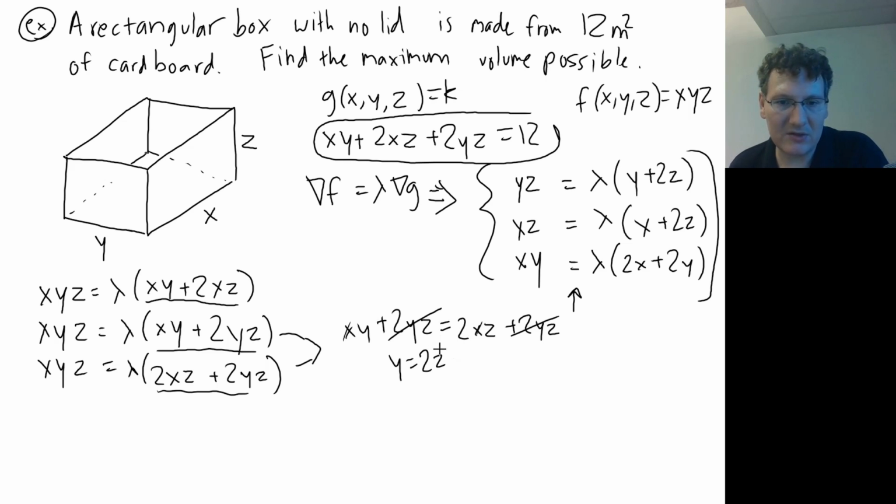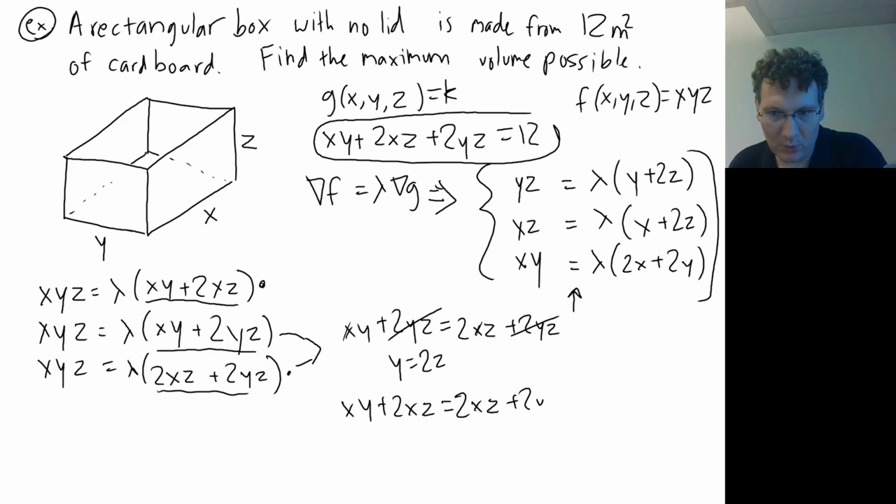Taking the first and third equations, xy plus 2xz equals 2xz plus 2yz, we can cancel the 2xz on both sides and divide by y. We get x equals 2z also.